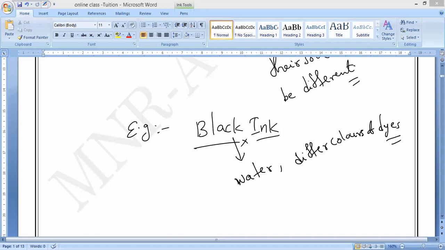It is available in the market also. It is not like normal paper; it is a special paper used for chromatography. The paper we use for chromatography is called chromatography paper.